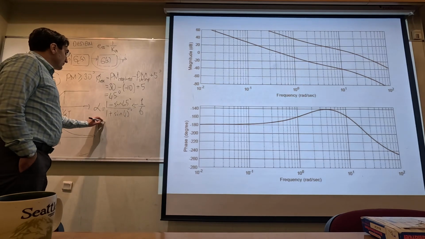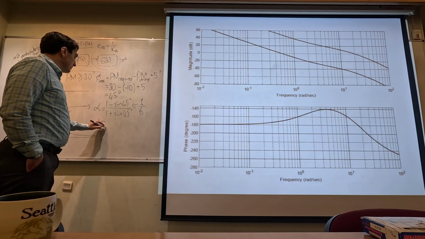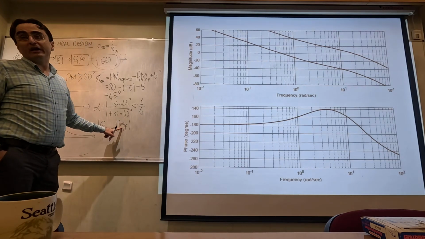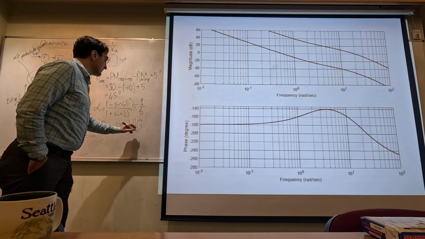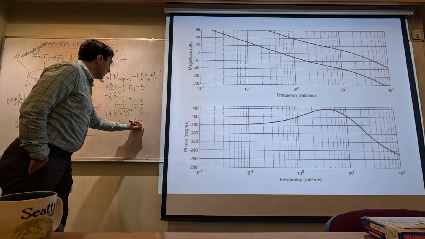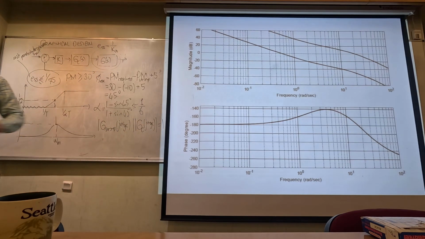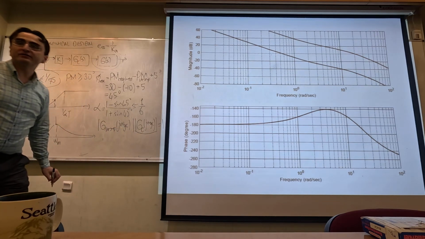At the new gain crossover frequency, magnitude of G uncompensated of j omega GC, that is the new gain crossover frequency, times the compensator magnitude C of j omega GC at the new gain crossover frequency, this magnitude should be equal to 1, or it should be 0 dB. Okay? So here I have the magnitude of this compensator at the peak frequency is 20 log 1 over square root alpha. Okay? So what is this magnitude here at the new gain crossover frequency?